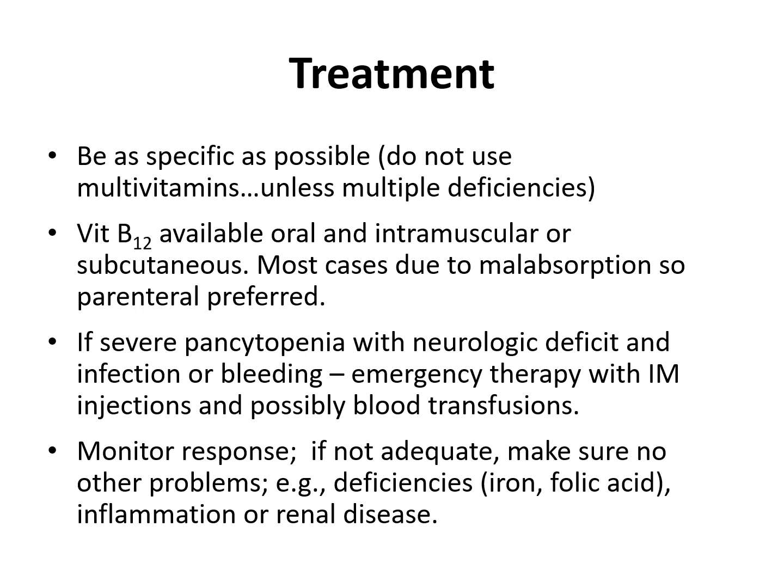If there is severe pancytopenia, there's severe neurological deficit, and particularly if there's bleeding, you probably have to give IM injections and might require blood transfusions. And again, as we said with iron deficiency anemia, you should monitor the response once you start therapy.